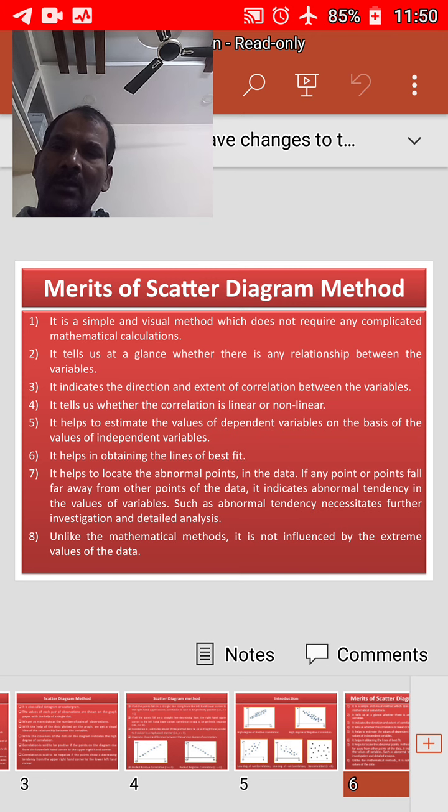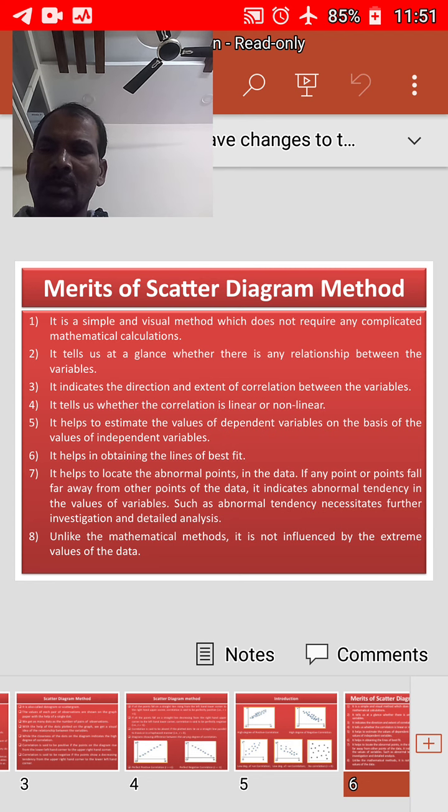If they are scattered here and there on the quadrant, there is no correlation. If they are closer to each other, a high degree of correlation can be revealed. And fourth, it tells us whether the correlation is linear or non-linear. We can say whether they are moving in the same direction, near linear form or not.